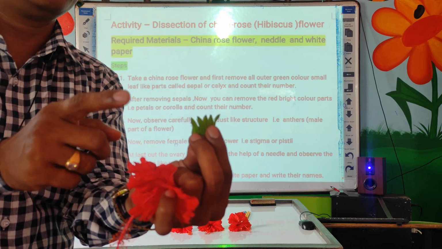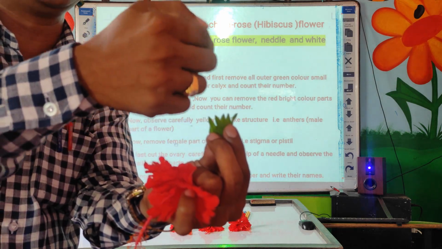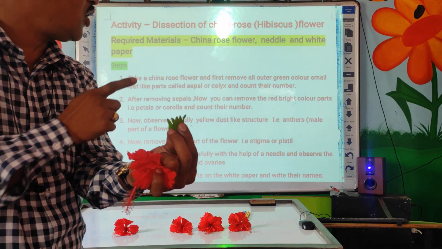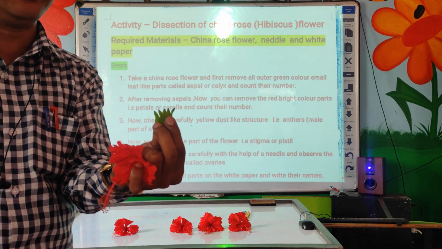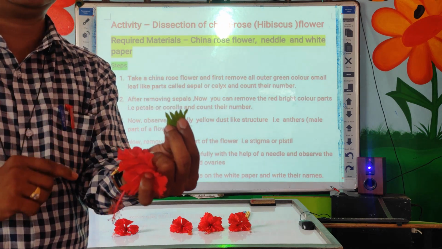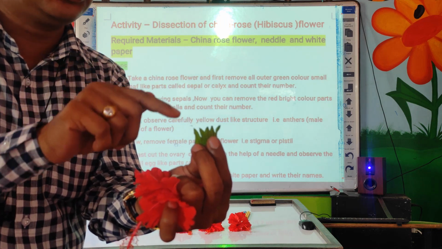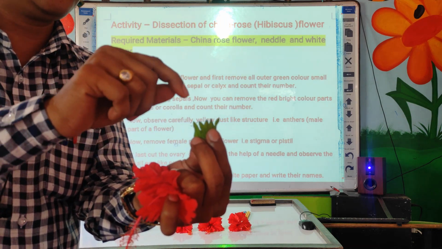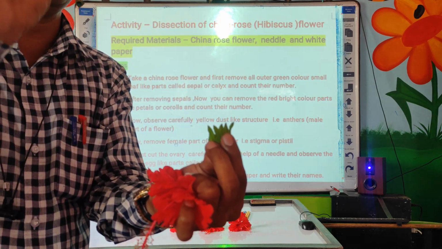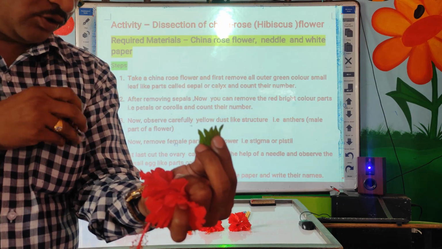Now you go for the counting, the total number of sepals, because I have already given you one observation table. In that observation table you have to count the total number of calyx and note it down there. I will tell you how to count.